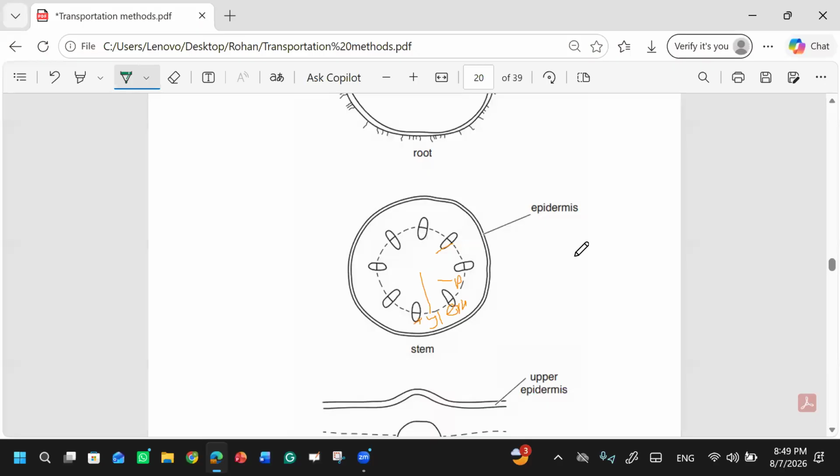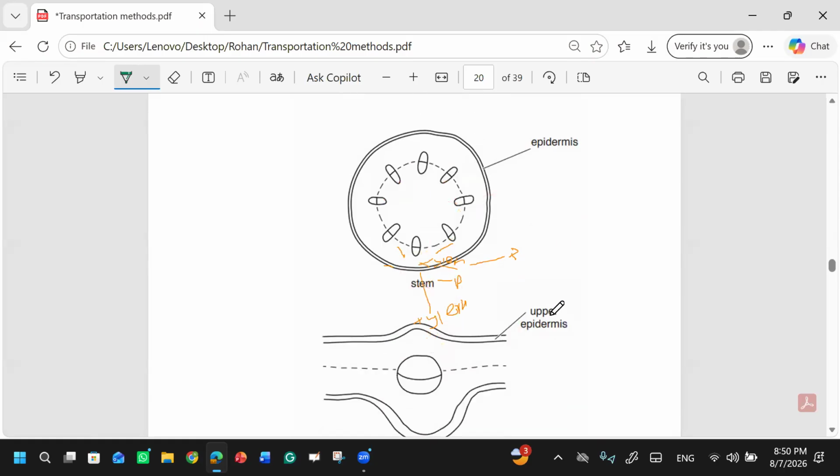I'm pretty sure the way outside part is phloem, and this one is xylem. The inside ones are xylem, and the outside are phloem.